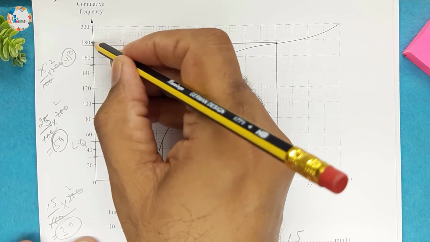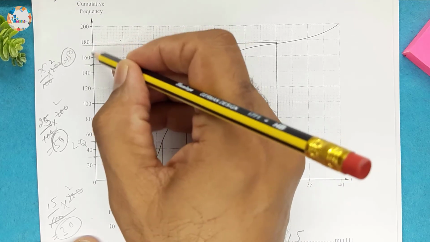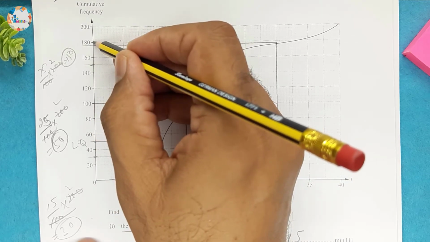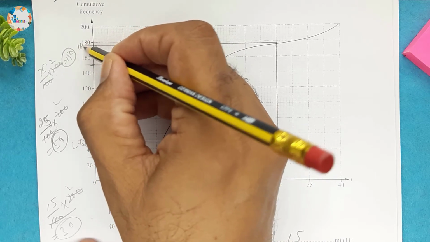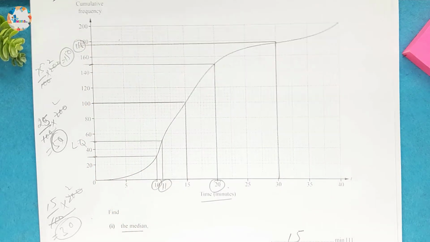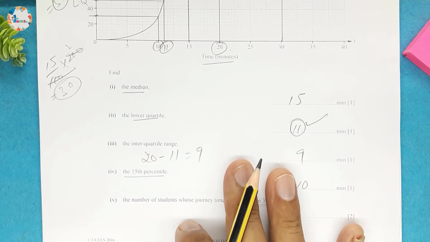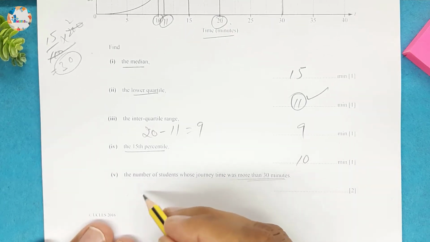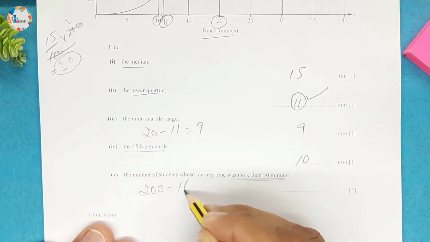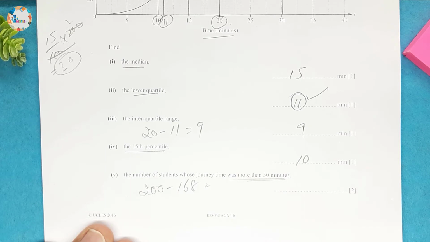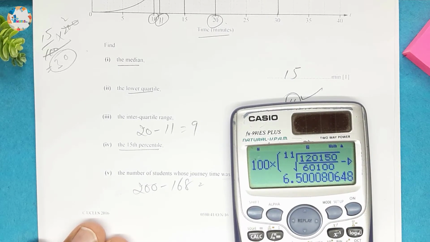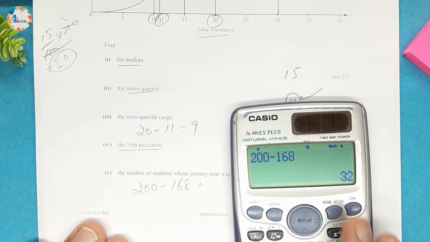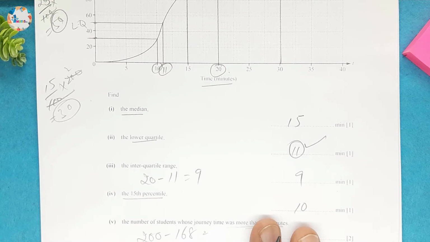So this will be like 160, 180. So this will be 168. So 200 minus 168. So we can write here 200 minus 168, this will be equal to 32.